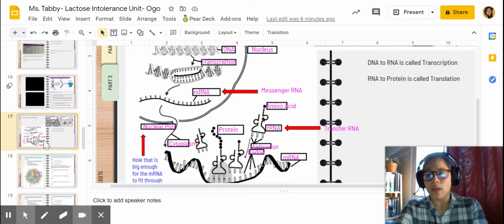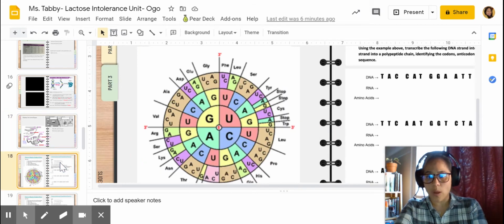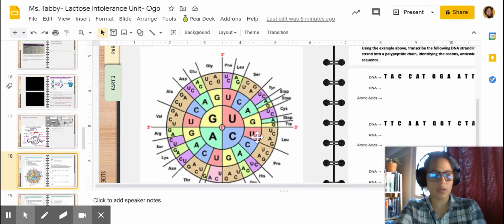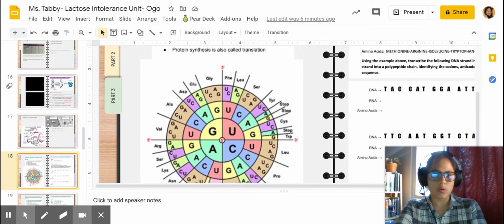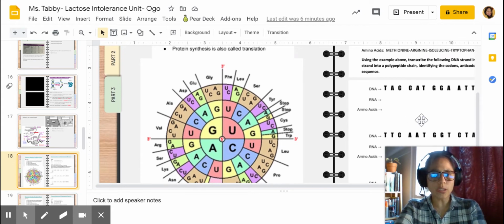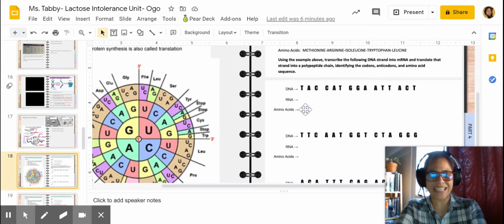All right, going back to what we're working on today, I want to draw your attention to the DNA sequence that's given to you here.